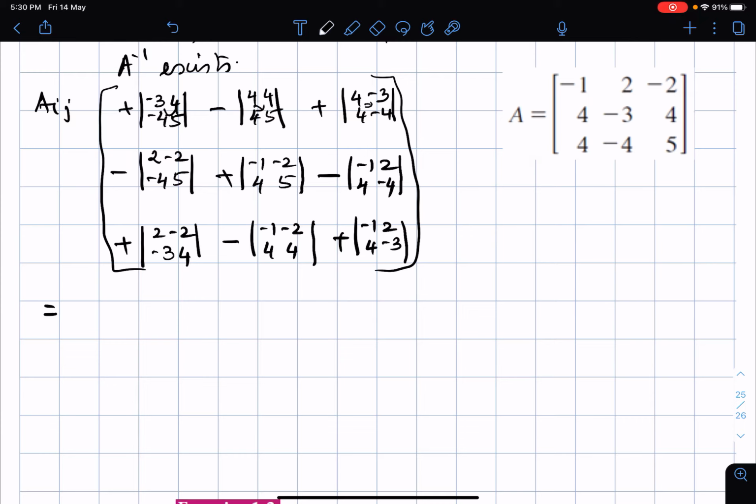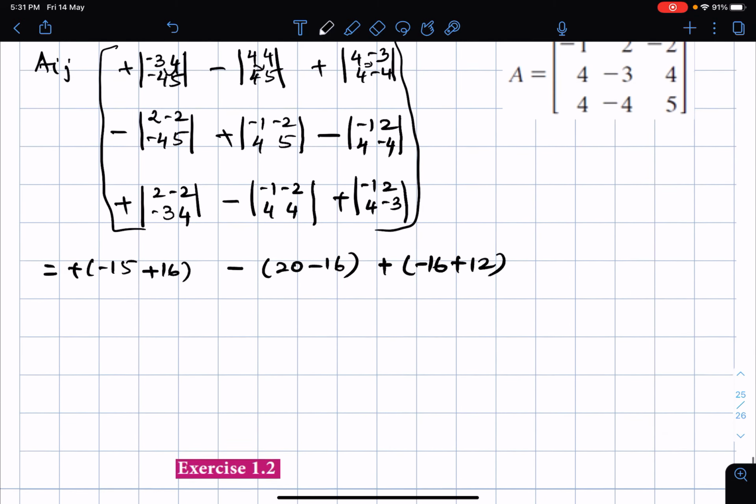Okay. So what is our first thing? Minus 15 plus 16. Second factor, minus of 20 minus 16. Third factor, plus minus 16 plus 12. If it is plus, we need not put plus, but to understand I am writing that plus.